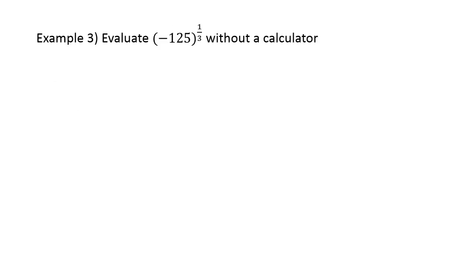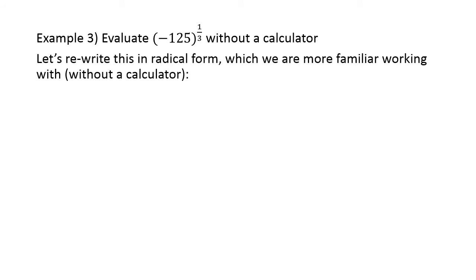Example 3, evaluate negative 125 in brackets all to the 1 divided by 3 without a calculator. Again, 1/3 is the entire exponent there. Let's rewrite in radical form. So we have negative 125 to the 1/3. Where does our 3 go?